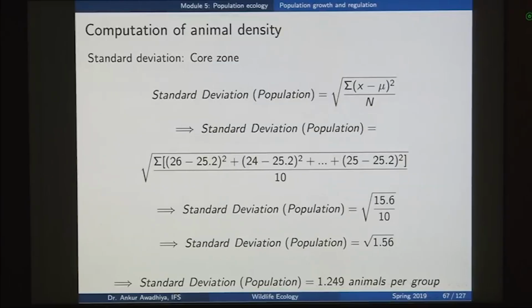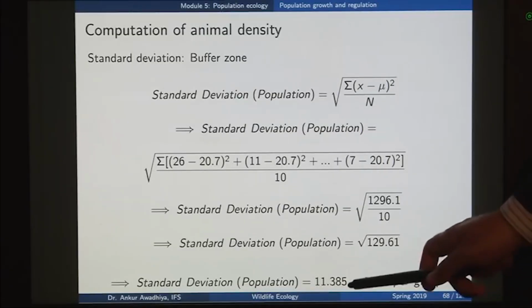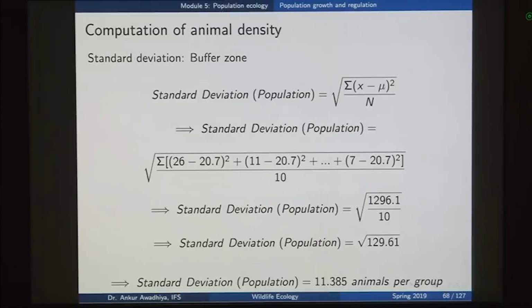Now, what does standard deviation tell you? It tells you the amount of variation that we are seeing in the group sizes. So, here the variation is 1.249 animals per group, whereas in the case of the buffer area, when you repeat the same observation, you can see that the standard deviation is much greater, 11.385, which gives us an indication that in the case of the core areas, all these different groups are much more homogeneous.